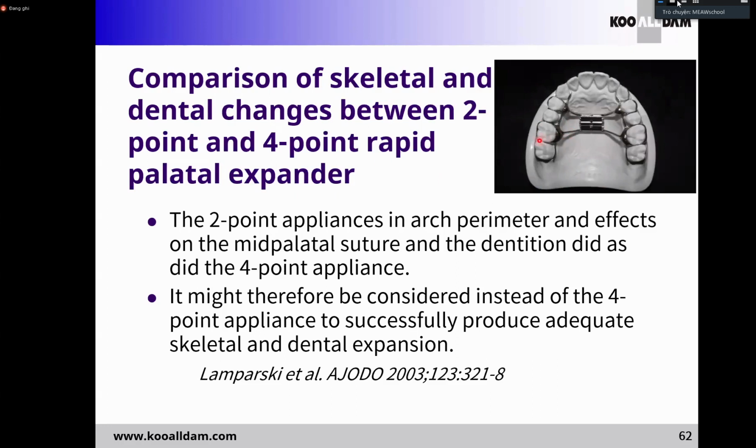This is Hyrax type. Lemperski said the 2-point appliance in arch perimeter and effects on the mid-palatal suture and the dentition did as the 4-point appliance did. It might therefore be considered instead of the 4-point appliance to successfully produce an adequate skeletal and dental expansion. So I'll use two expansion appliance instead of Hyrax.